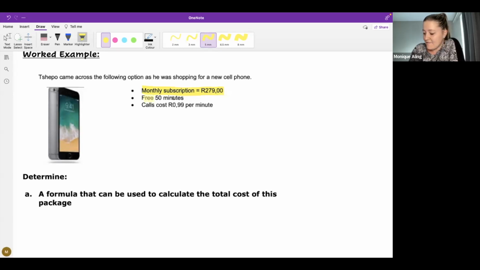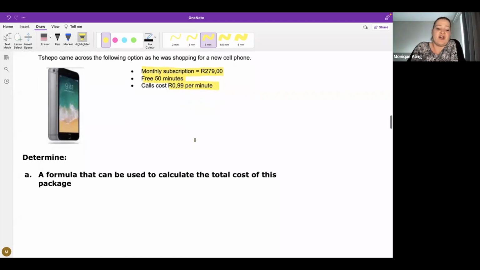He gets 50 free minutes, and they give you the tariff, which is our cost per minute. All the important information is summarized very nicely in those 3 bullet points. The first question asks: determine a formula that can be used to calculate the cost of this package. So we just want a general formula.